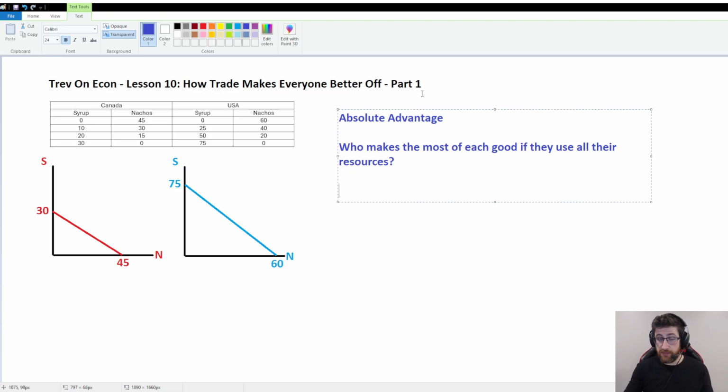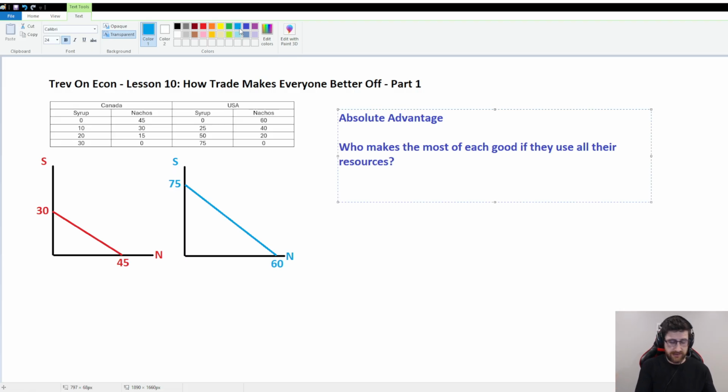If we look at syrup, if Canada really tries, and I look at its chart, if it puts everything into syrup, it's going to max out at 30 syrup, and we can see that on the graph through the intercept. The USA, however, maxes out at 75 syrup, and again, we see that on the graph.